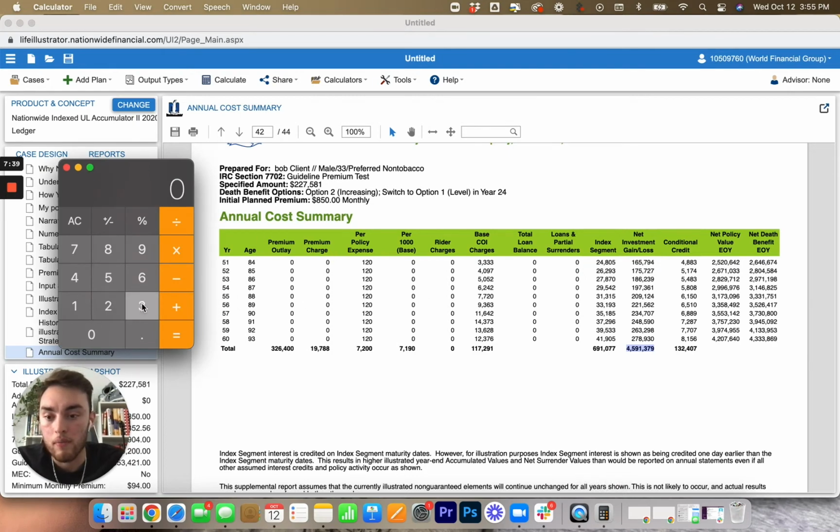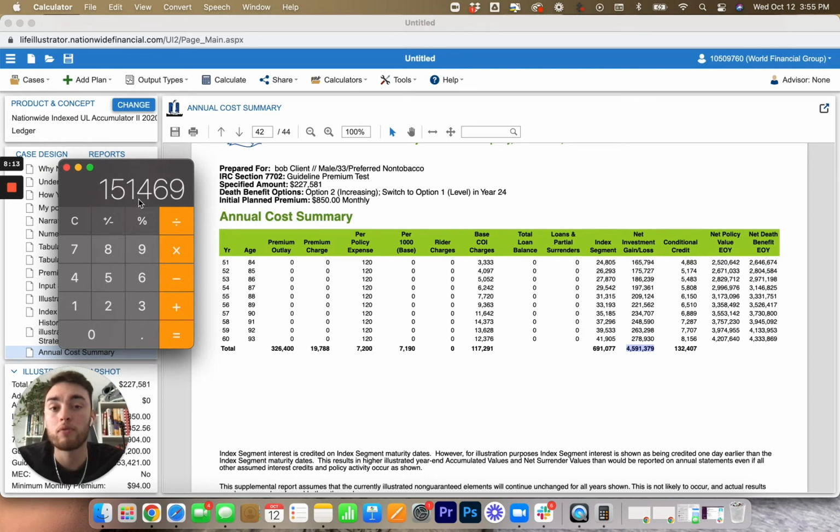And so $326,400 is exactly what you've put in, right? That's your money going into the policy. Now let's add up all the fees throughout 60 years of having this policy. $19,788 plus $7,200 plus $7,190 plus $117,291.